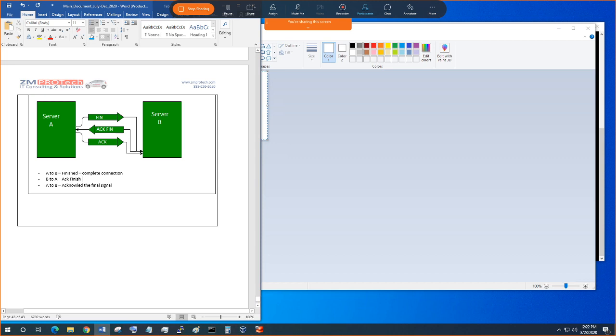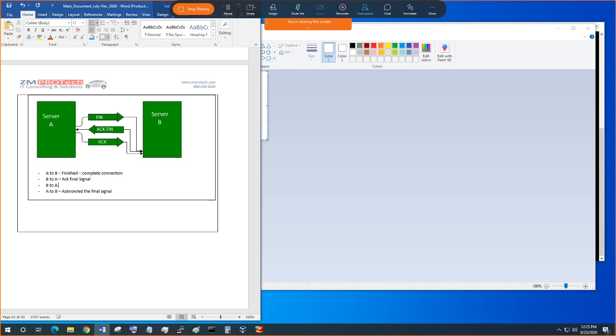Then B to A again, finish signal. So it looks a little complicated, but it's not.